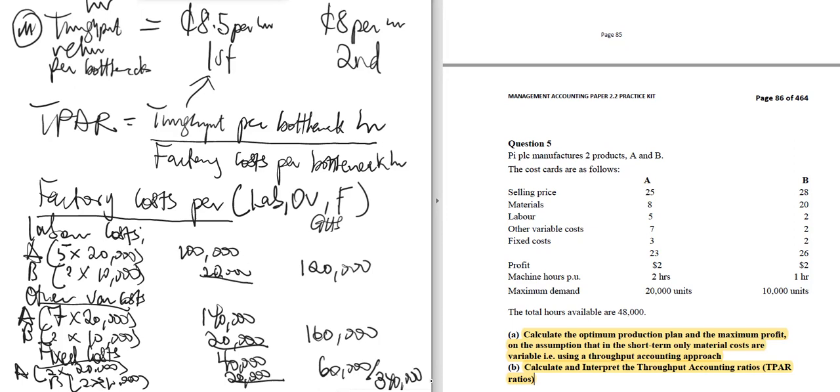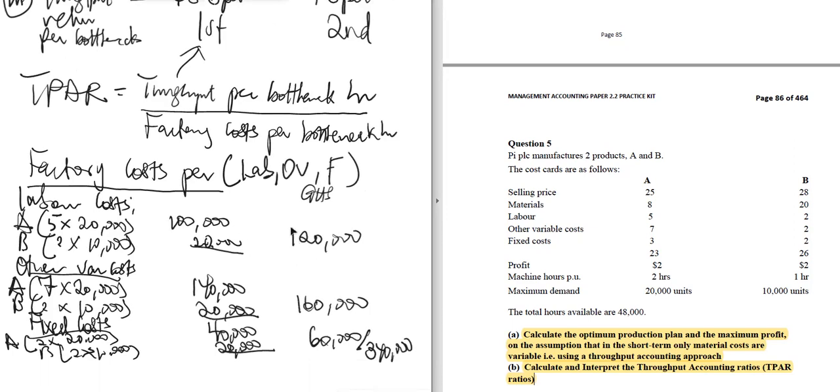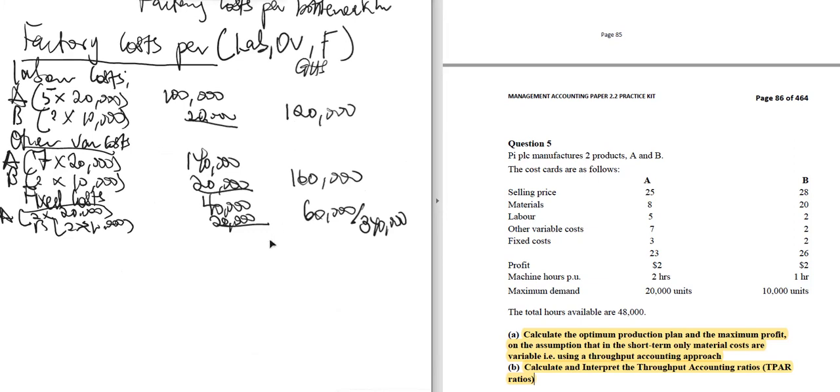Now that you have your total factory cost, how do you get your throughput accounting ratio? We need our factory cost per bottleneck, so we have to divide by the available hours or available bottleneck resource. We had 340,000.